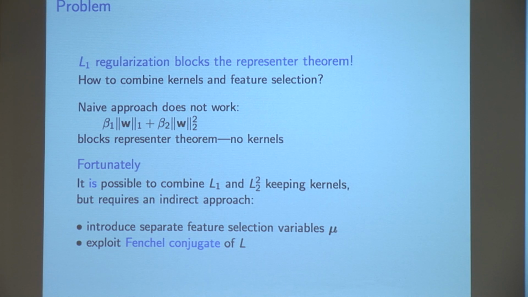I've shown you two ways to regularize the weights: Euclidean regularization, which leads to Euclidean geometry, Hilbert spaces, kernels. Seems nice. Then I stepped back and said, well, let's try L1 regularization, because that's going to give us an implicit form of feature selection. Seems okay. Why wouldn't we want to put those together? Why wouldn't I want to both select features in a kernel setting?